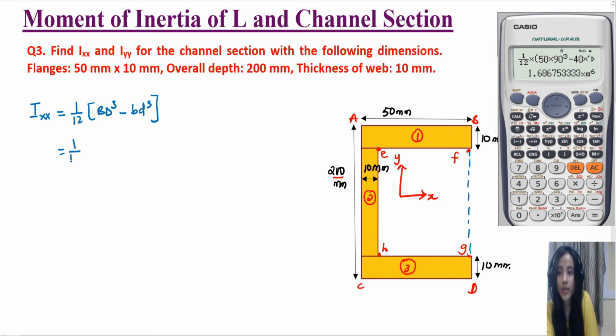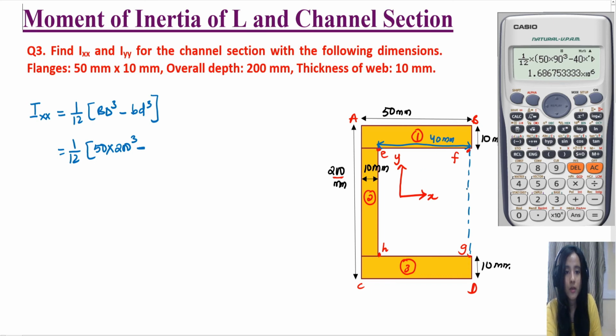So just applying the formula, 1 by 12 into B for the outer rectangular section is 50. Its depth is 200. So 200 cube minus, for the inner rectangle, I need to find B from here to this point, right? So how much is my B? Total here is 50 and its thickness is given 10. So 50 minus 10, I have 40 mm.